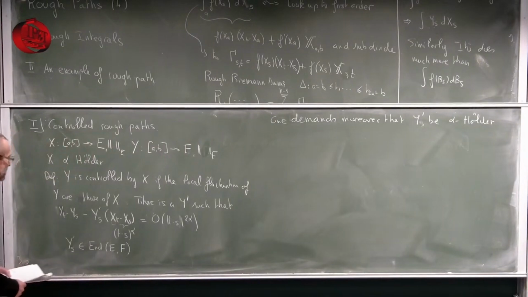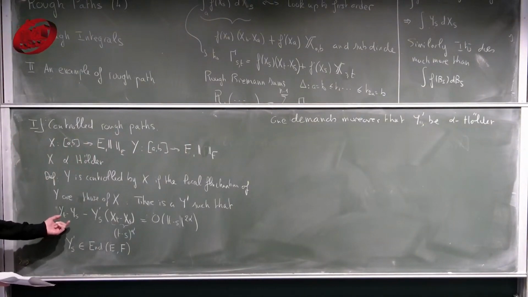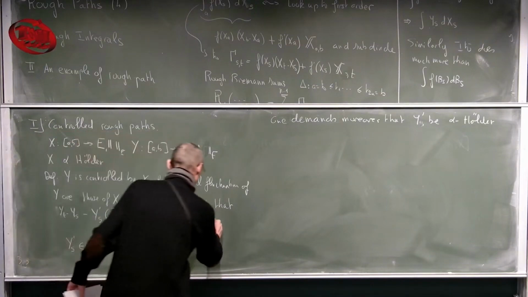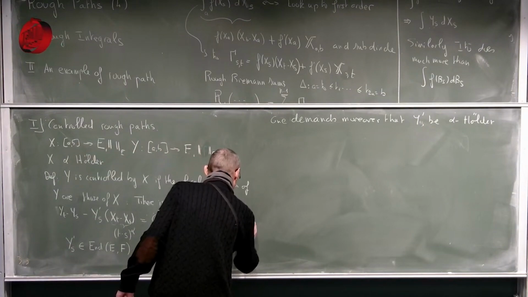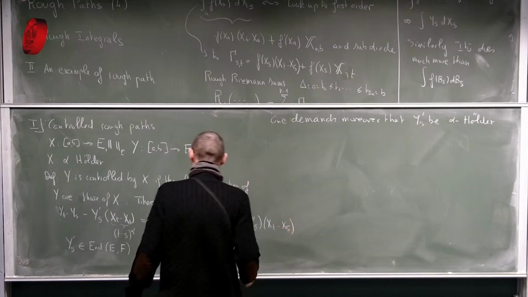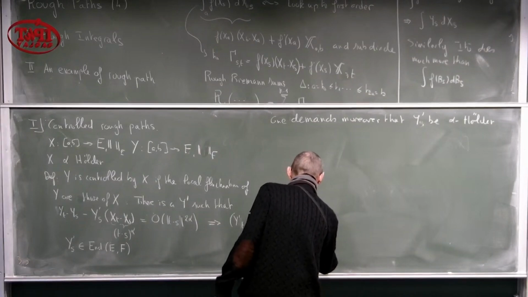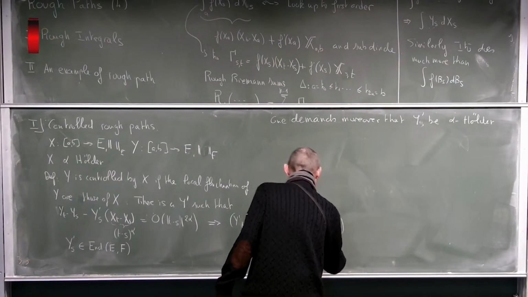And in fact, you see, the point is that if you interchange x and y and take the difference, this equation implies that when you take y prime_t minus y prime_s times (x_t minus x_s), this is of order (t minus s) to the 2 alpha.